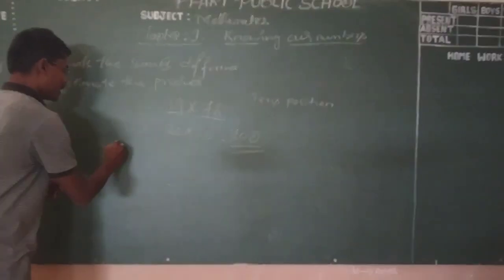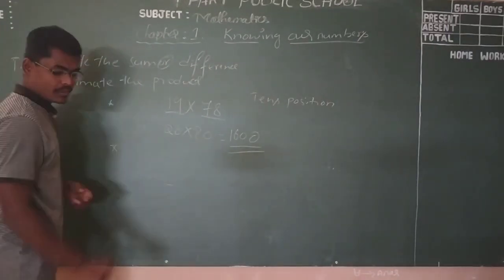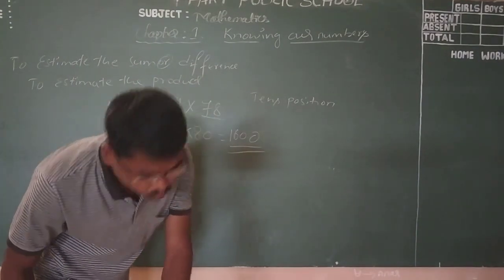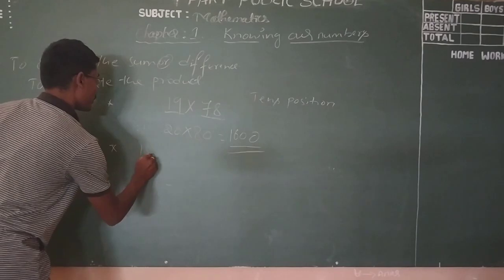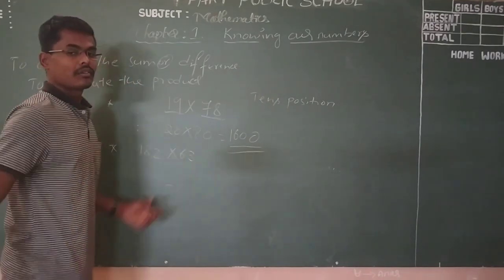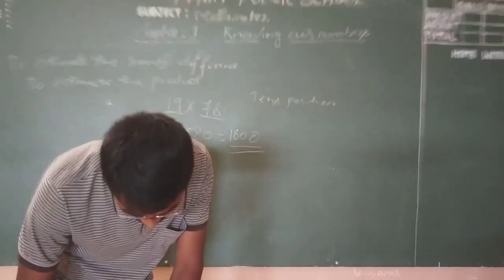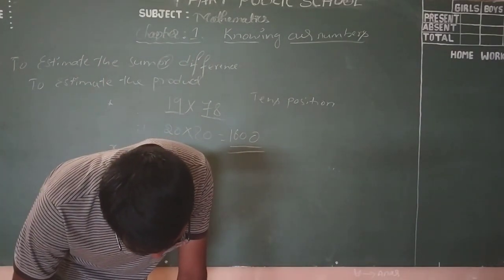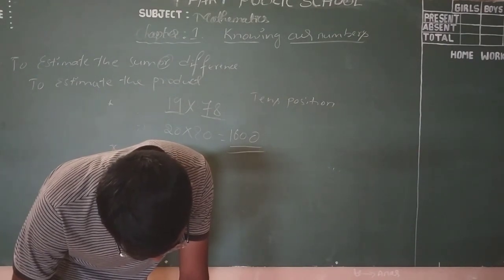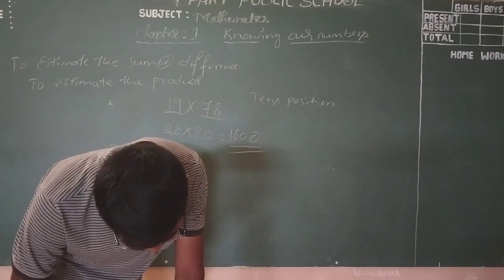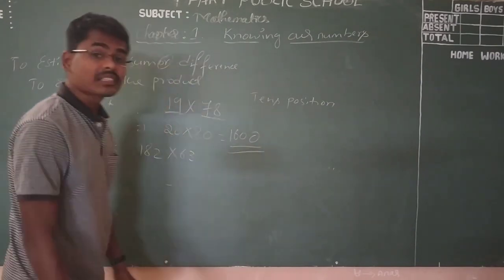Then they have given another example. They have given 182 and 63. For these given numbers, they are going to round off to the nearest 100.